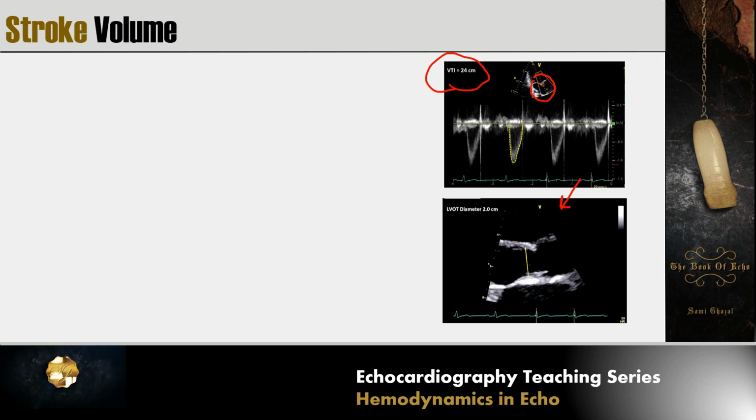But here we have a good angle of incidence, almost parallel to the flow, so we used this view to measure the LVOT spectral Doppler. And we put our sample volume proximal to the LVOT as mentioned in the previous lecture. Now we got VTI of 24.